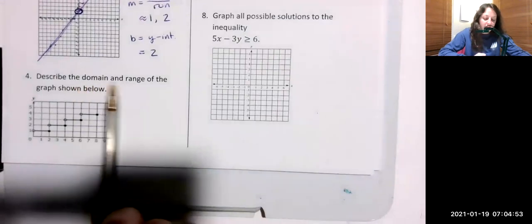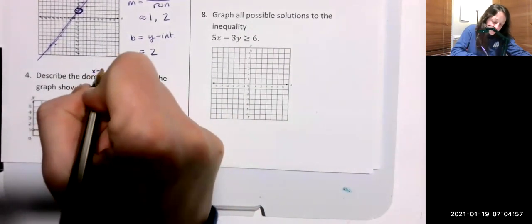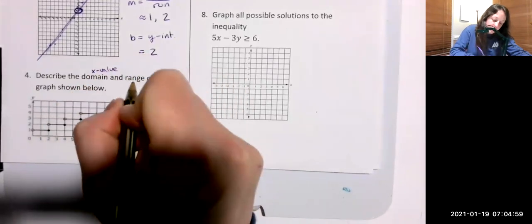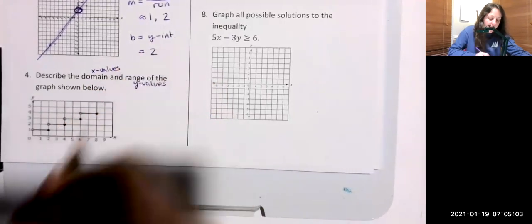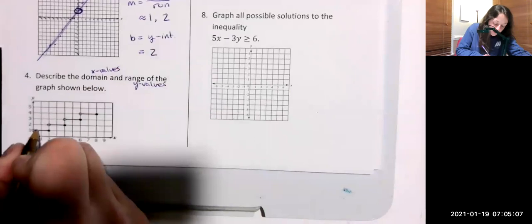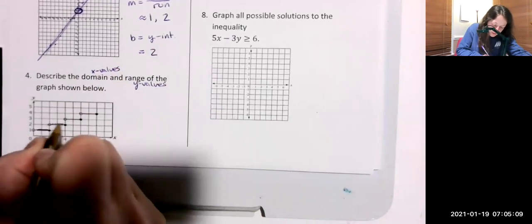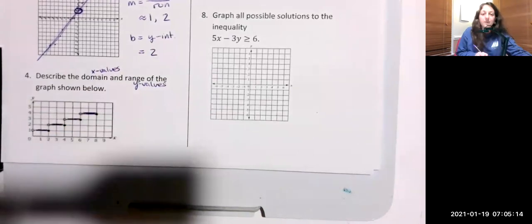So number 4, domain and range. Domain being all the x values, range being all the y values. This is a weird graph because if you notice, there are jumps in the graph. We're only looking at this bar, and then it jumps to the next bar, and then the next bar, and then the next bar.